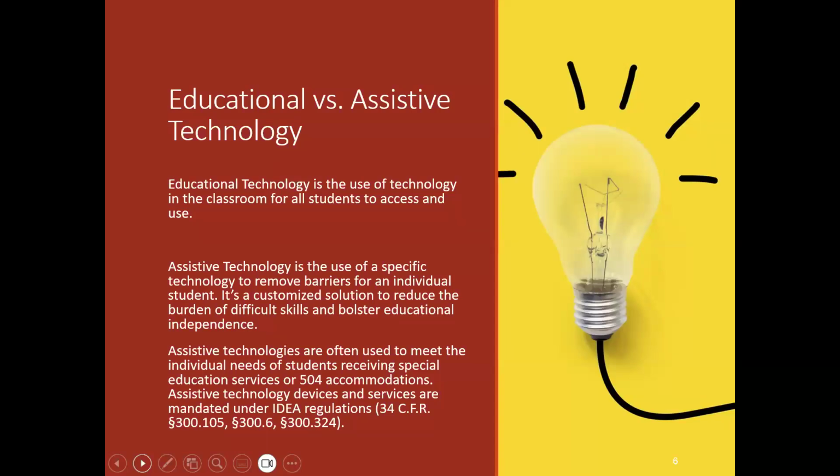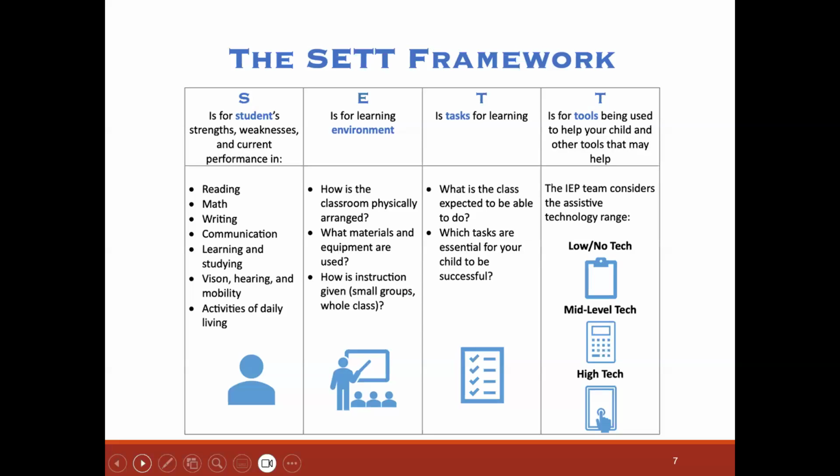Assistive technologies are often used to meet the individual needs of students receiving special education services or even 504 accommodations. Assistive technology can be included in the IEP. When thinking about assistive technology and a student, there is a framework that has been established. It is called the SET framework.